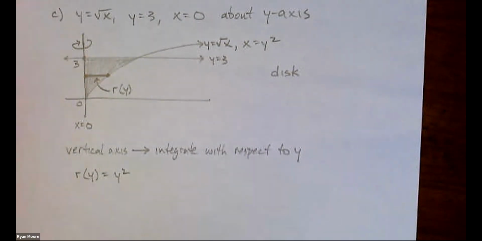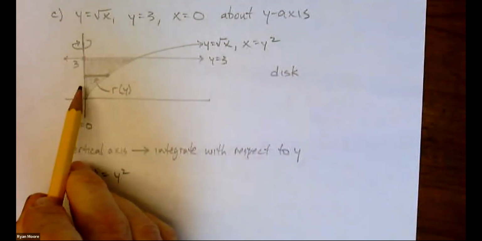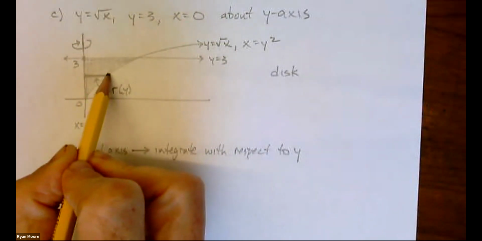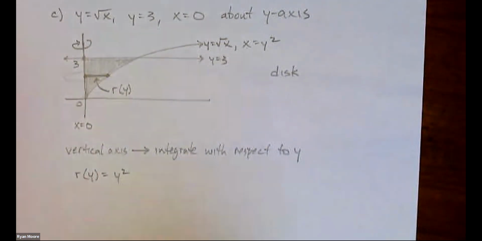Now, if that seems kind of strange for a second, you can check yourself anytime you figure out a formula for one of your radii. Think about it like this. We're taking all of these little circles, all these infinitely thin little volumes, moving up the y-axis.